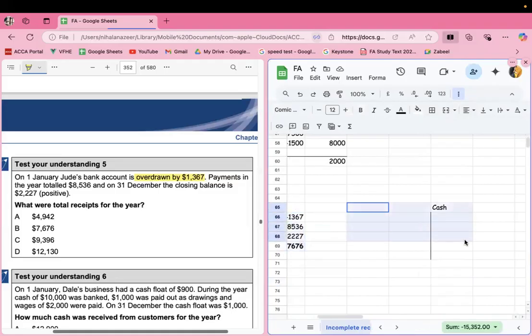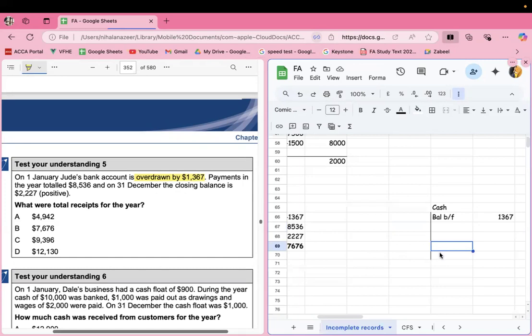This method is for your official purposes. So the balance brought forward is a negative balance, that is overdrawn, which means you're going to take it on the credit side. Usually cash comes on the debit side, right? But since it is overdrawn, you're going to take it on the credit side.